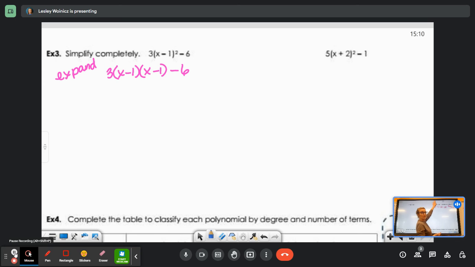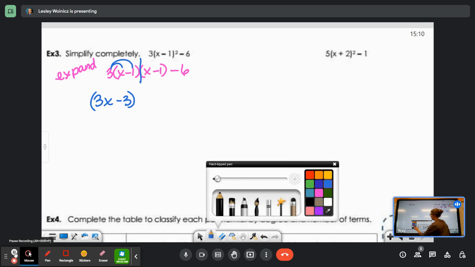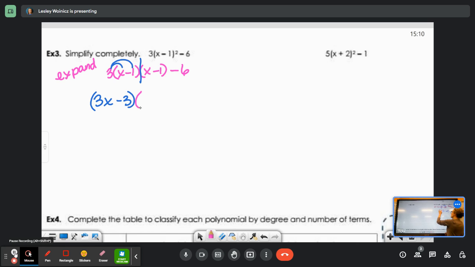Okay, so we're going to do the same thing that we did on the front. So we distribute into the first set of parentheses and stop. So that'll be 3x minus 3 for our first binomial. And then I just bring down the rest of the problem. x minus 1 minus 6.